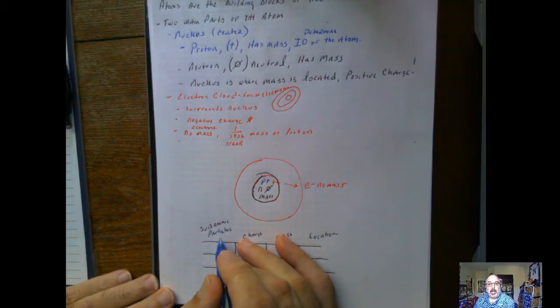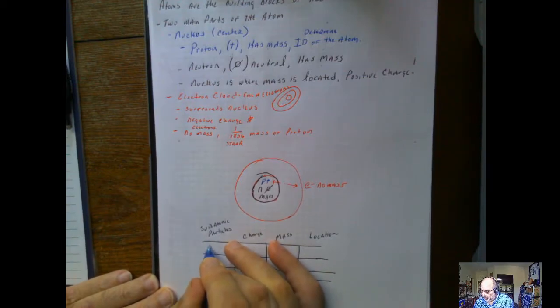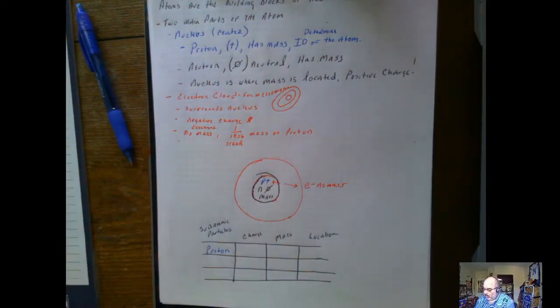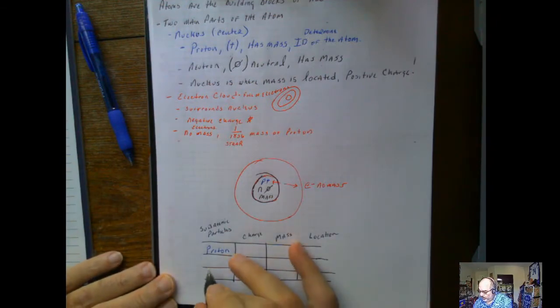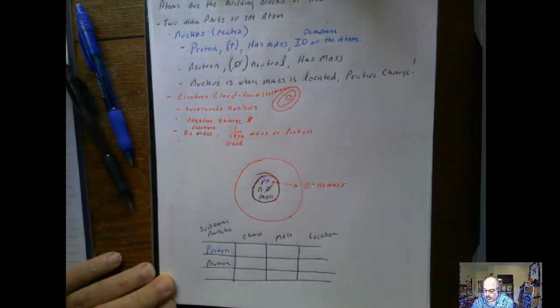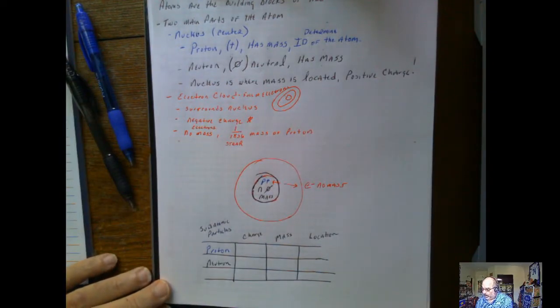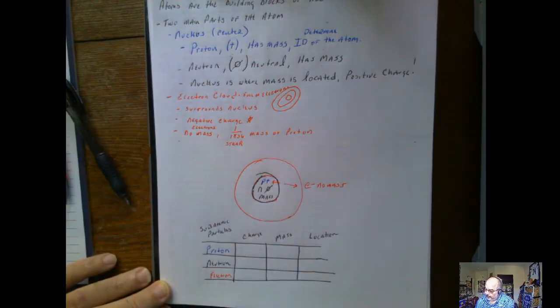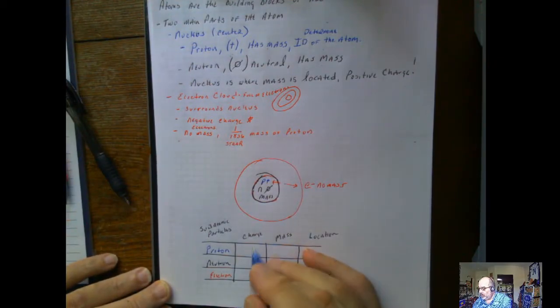All right, so remember, subatomic particles, what am I talking about? I'm talking about the parts of the atom. So I'm looking at the proton, the neutron, and then the electron. Okay, the proton, what's the charge?